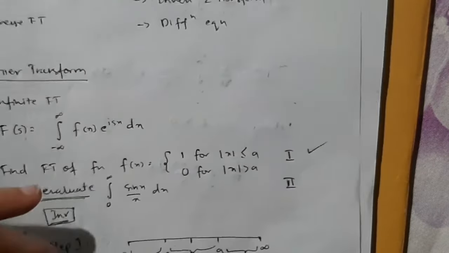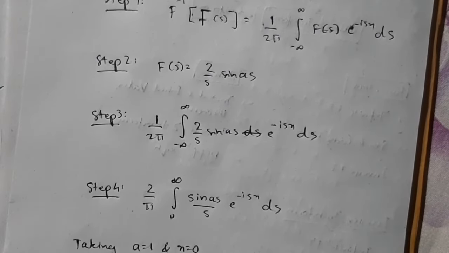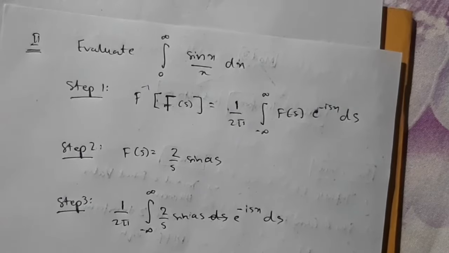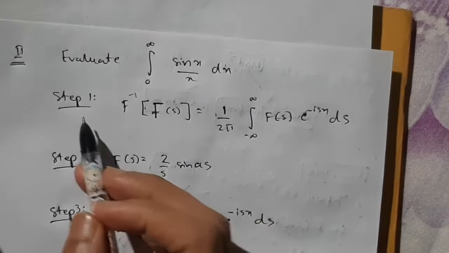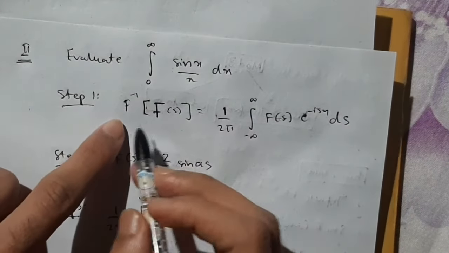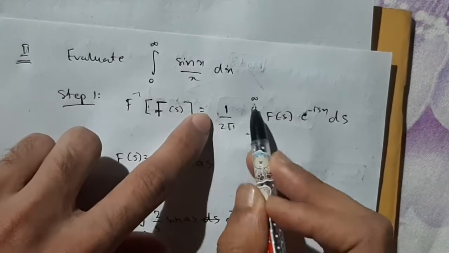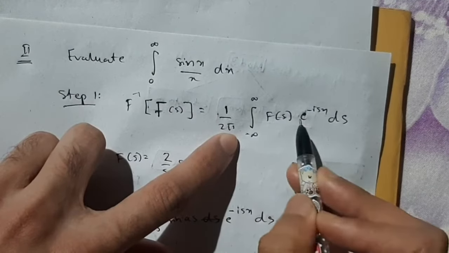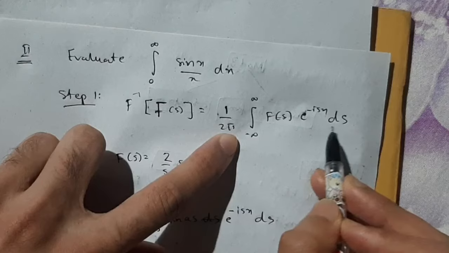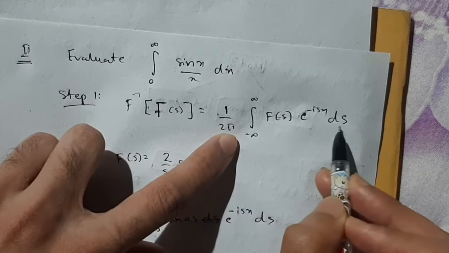Very simple. First you need to see here, evaluate. For evaluate, you will write this. Step 1: the inverse formula, 1 by 2 pi integral from minus infinity to infinity of F of s e power minus isx ds. When finding the inverse, you have to write ds.